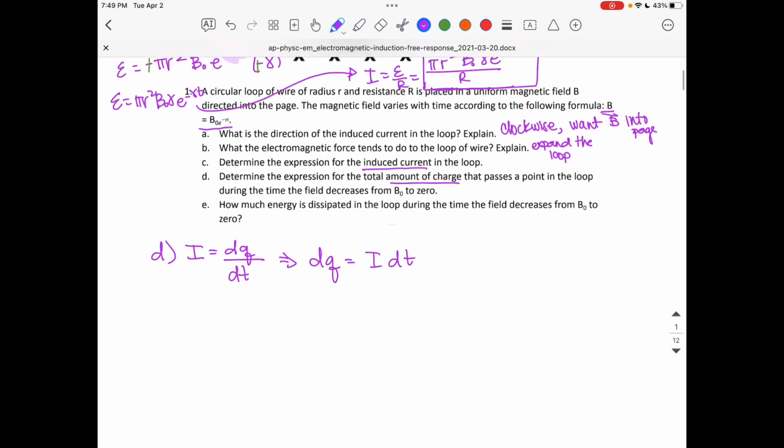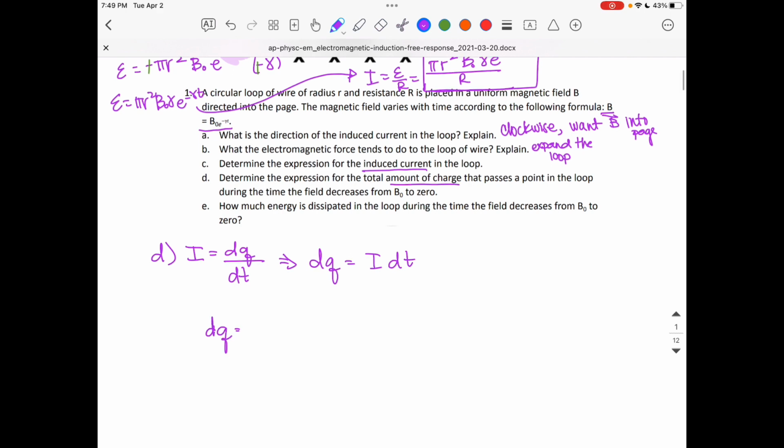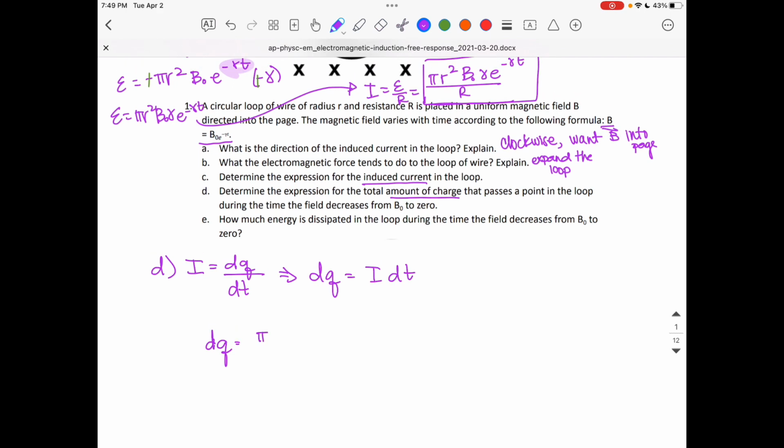So I'm going to plug in my current equation. I've got a bunch of constants, so let me pull out all the constants. And then current, I, this is my exponent that I need to integrate. So I'm going to integrate both sides.